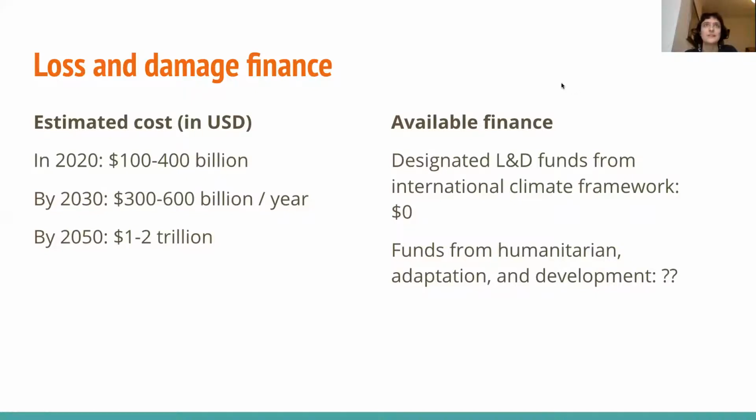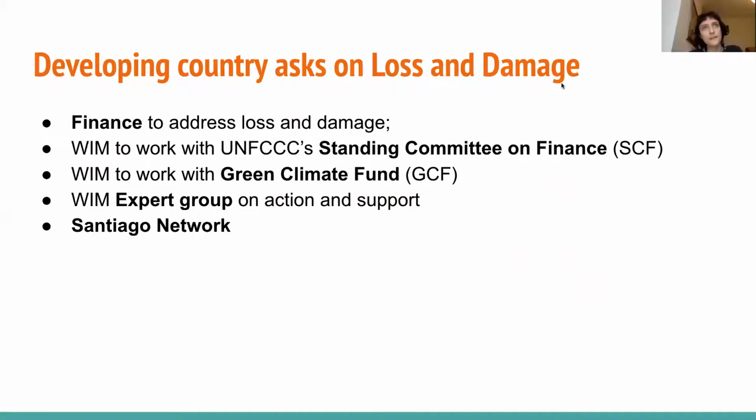So here's a list of asks from developing countries on loss and damage, which we've seen in the negotiations back in 2019 when we were able to have negotiations in person. Finance to address loss and damage is the main ask, and it aligns with our main ask.